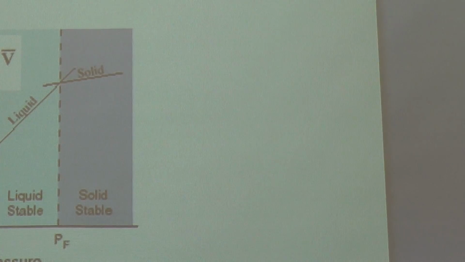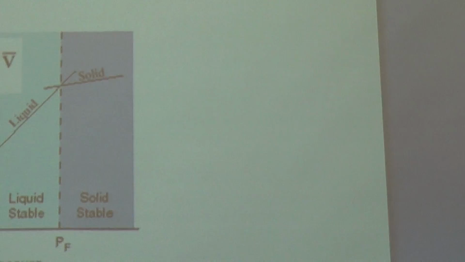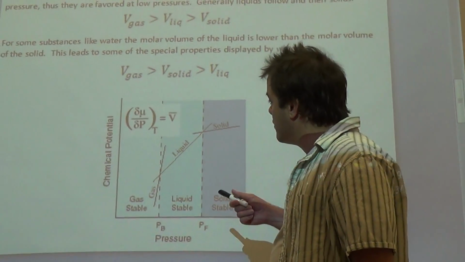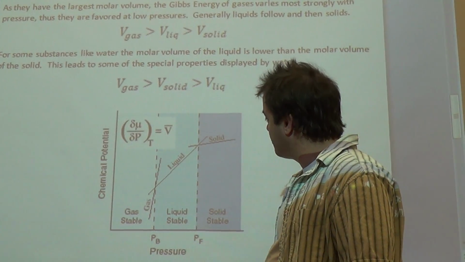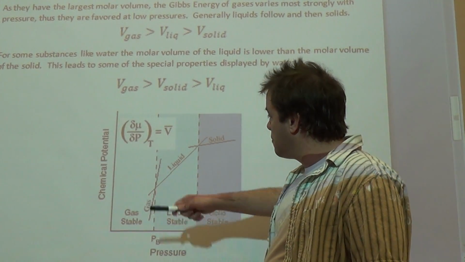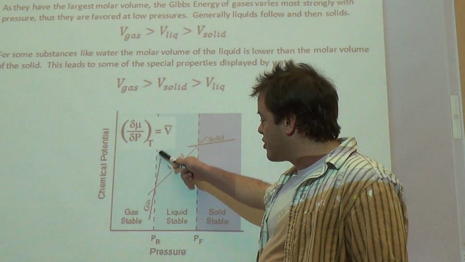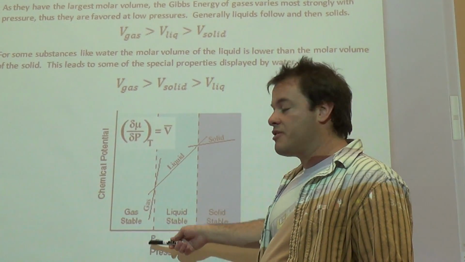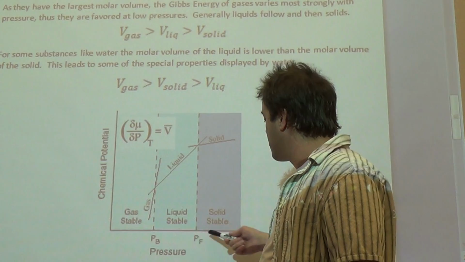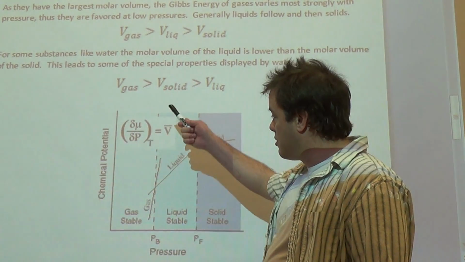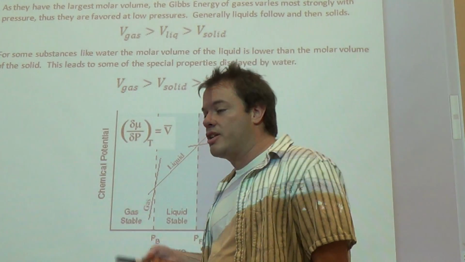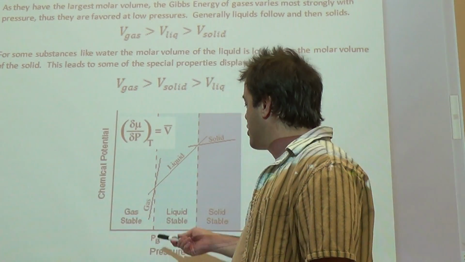So we went from there and we looked at the volumes and how the volume of the phase affected the free energy. And we said that because the gas phase has the largest volume, the plot of the chemical potential versus pressure is going to have the largest slope, since the free energy depends on the volume times the differential change in pressure.